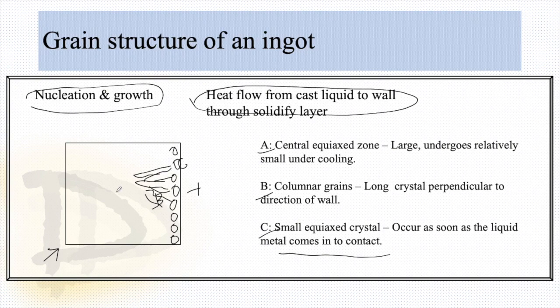And if we move to the center, we have a larger equiaxed zone, with large grains, which undergoes a relatively small cooling rate.